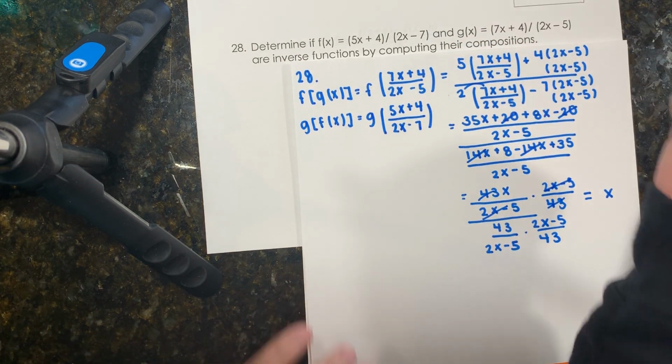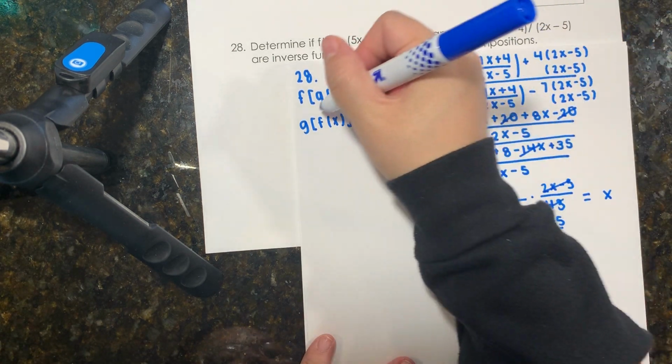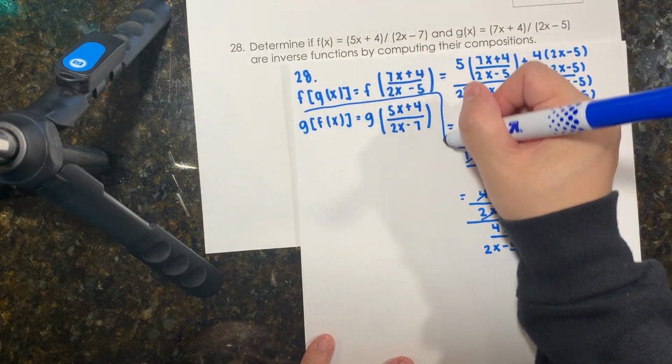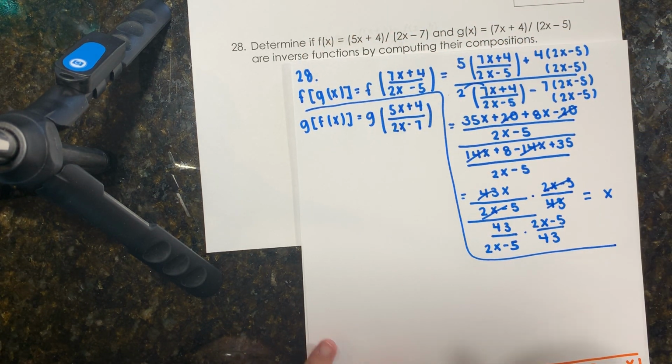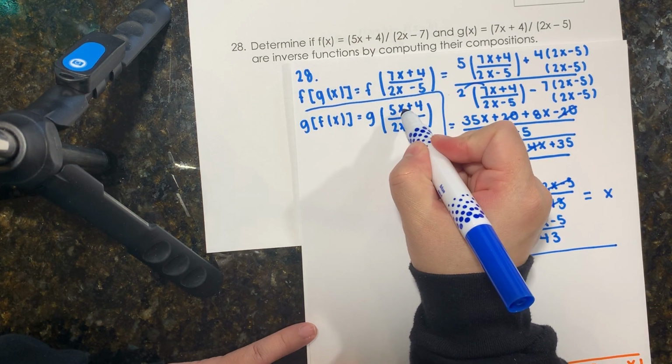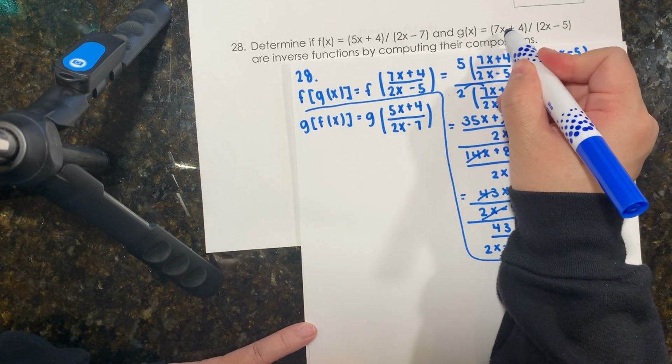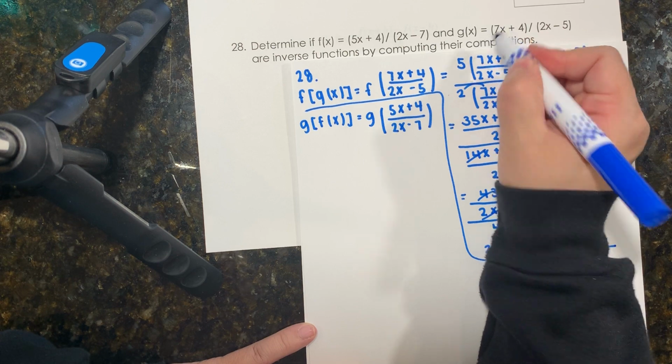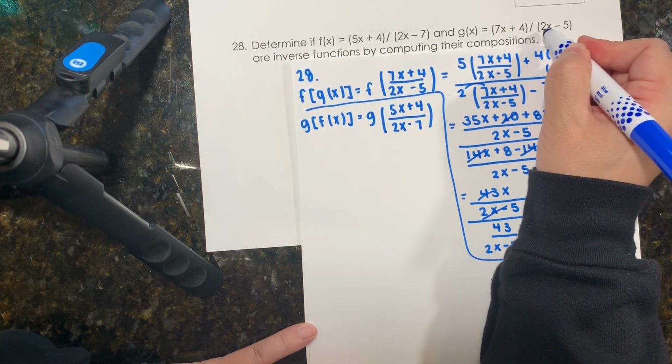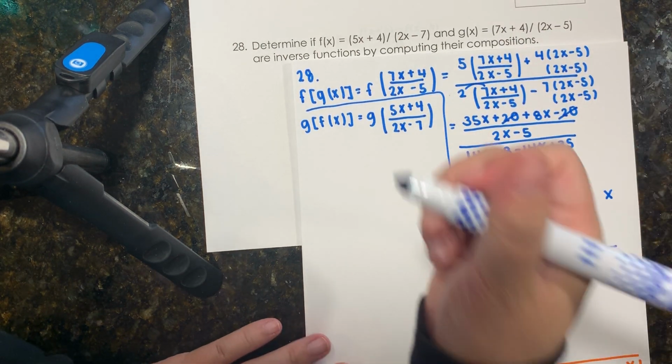I'm going to do a very similar thing to what I did. So this is your f1. Then I need to now do the g composite f, which means I take this function and replace all my x's. So it'll be 7 times this plus 4 divided by 2 times this minus 5.